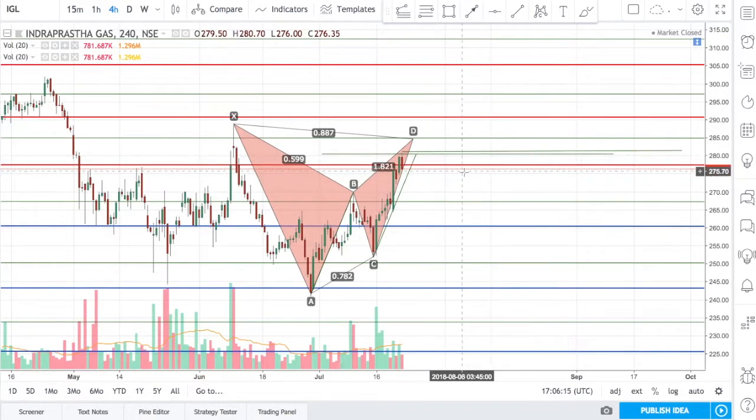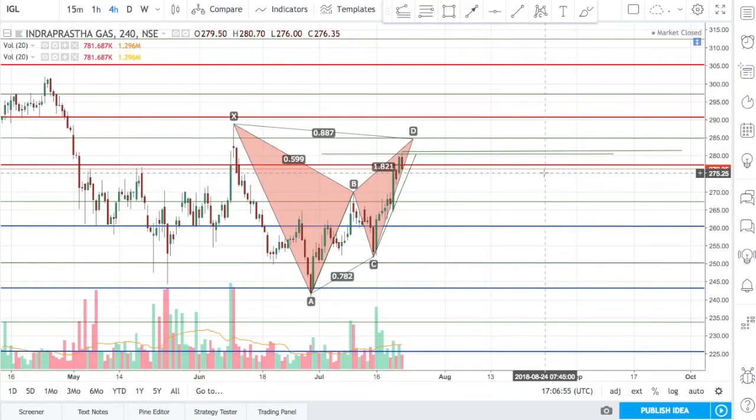Now we have two fib confluence levels at this point and this point, the D completion point at this point, and the D completion of the bad pattern at this point. So literally we have a pretty big area of reversal.